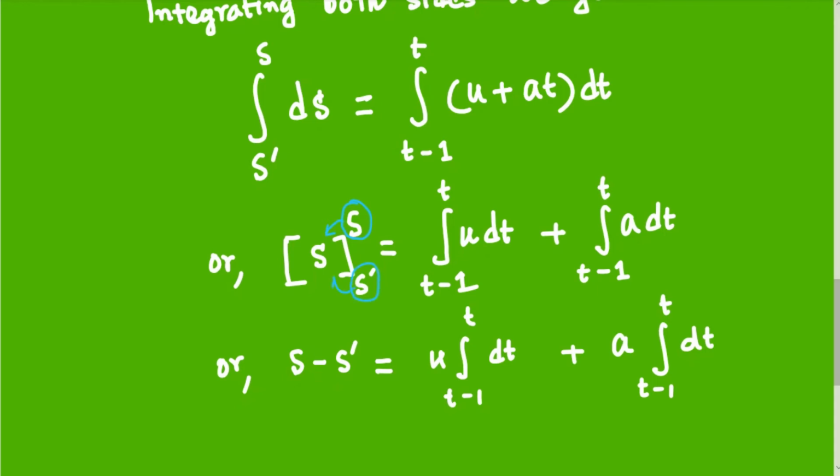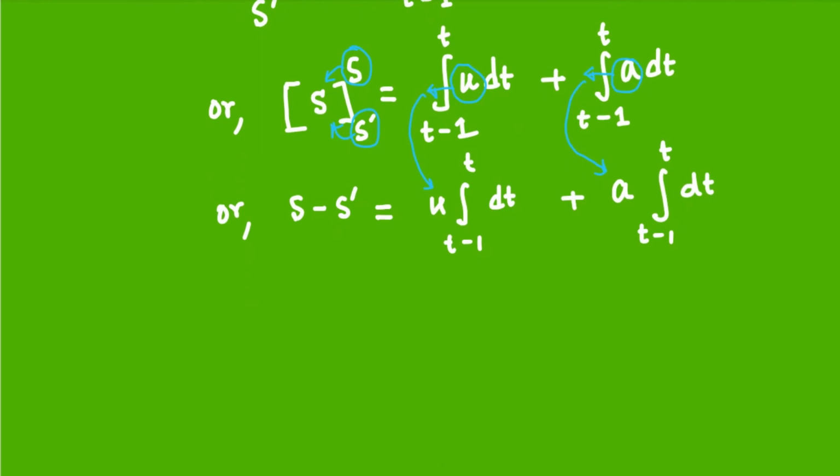Now putting the limits, we get s minus s prime. u is constant, so we can bring it outside the integration, and a is constant acceleration, so that can also be brought outside the integration.